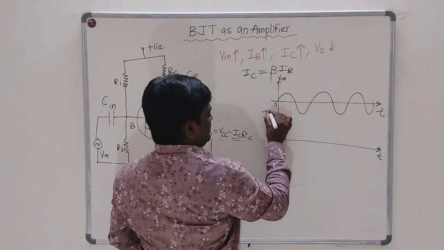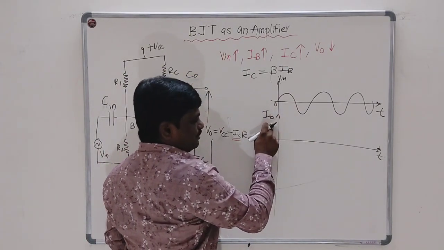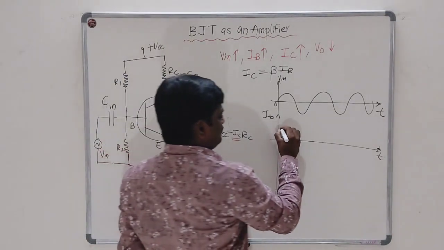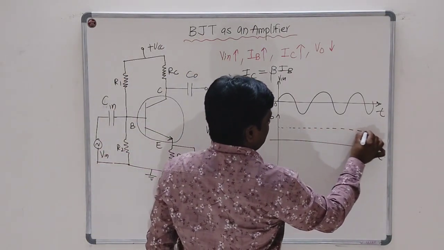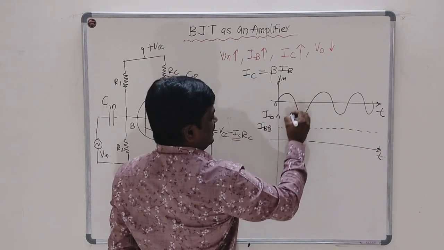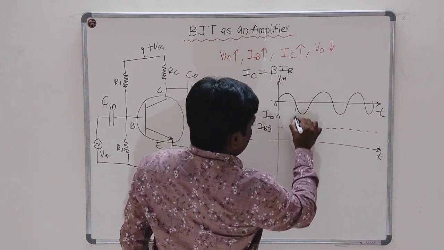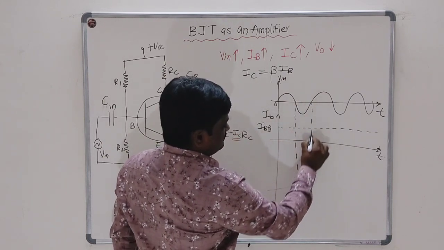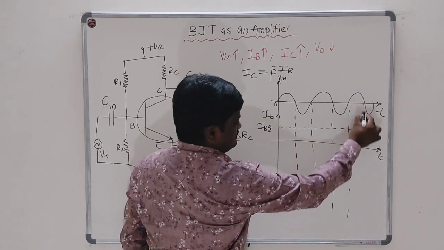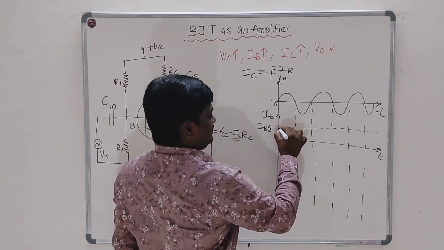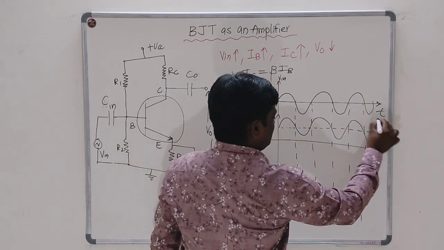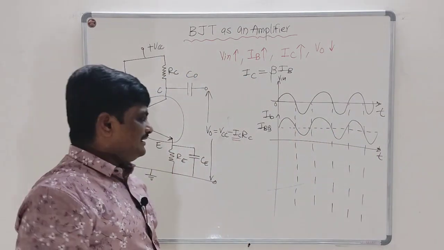So small ib, the resultant base current, will fluctuate above its Q point value, IBQ. Here there is an increase and decrease in the base current above and below the Q point.